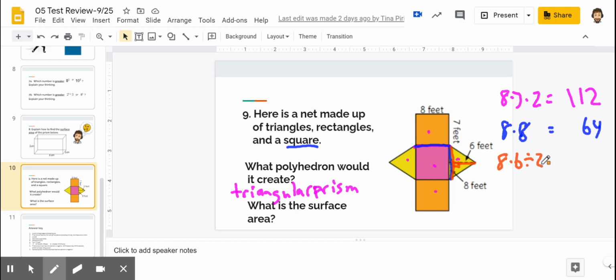And then divide that in half for a triangle, because remember, triangles are half the size of a parallelogram. But then I'm going to double that area because I do have an identical triangle on this side. 8 times 6 is 48. 48 divided by 2 is 24. 24 times 2 is 48.